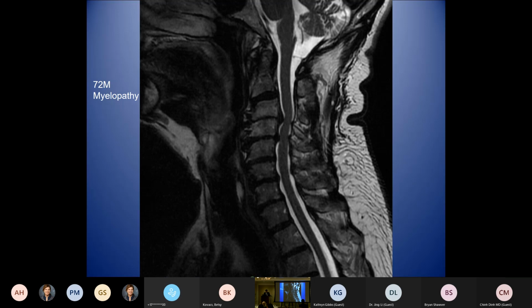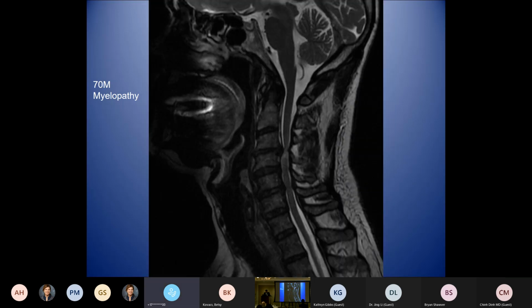I'm going to show 2 more cases, and then we'll talk about what the options are. So this is another one. This is a 70-year-old gentleman who also presented with pretty significant myelopathic symptoms very similar to the last patient I just talked about, right? Significant hand numbness, discoordination, and really bad walking imbalance. And this is a very athletic gentleman who had stopped playing soccer because he couldn't walk or run anymore without losing his balance and falling. And on this MRI, you can see a congenitally stenotic canal, right?